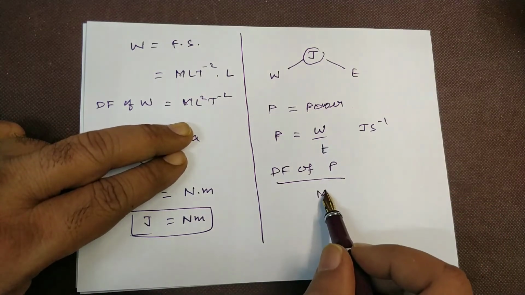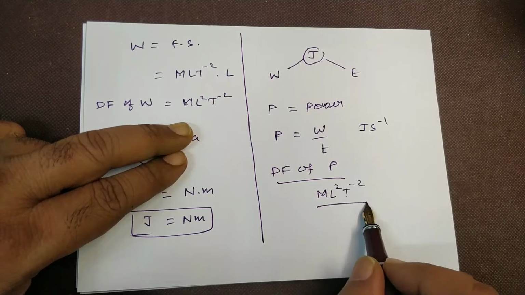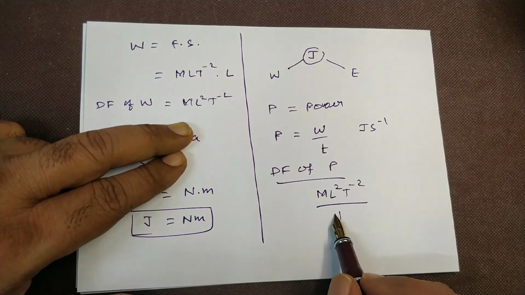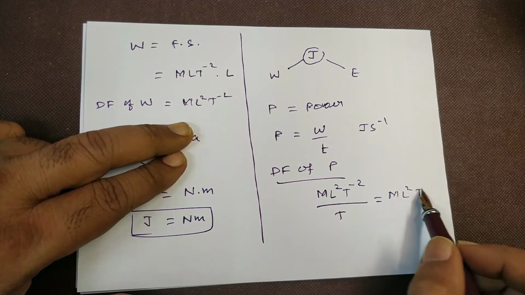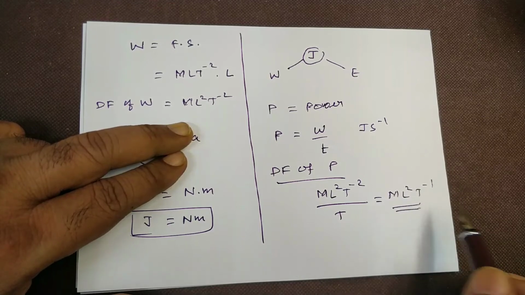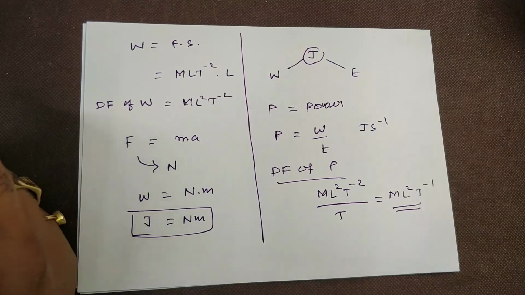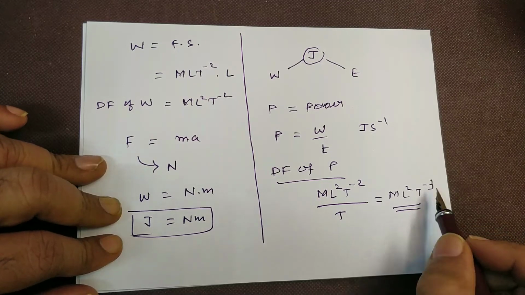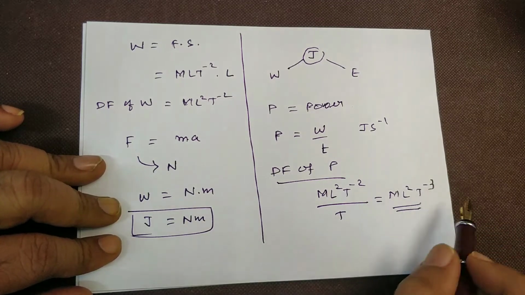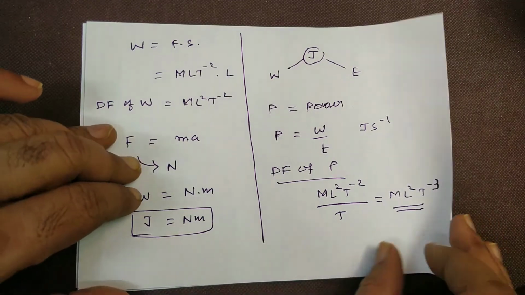M L squared T power minus 2 divided by T. So that is equal to M L squared T power minus 1. So this is the dimension formula of power. Minus 3. Because T power minus 1, it becomes T power minus 3. Then density.